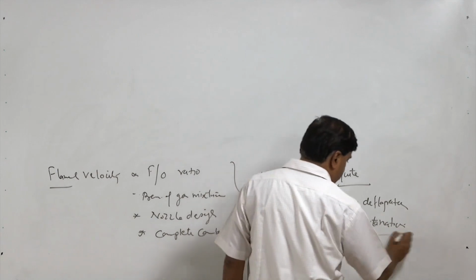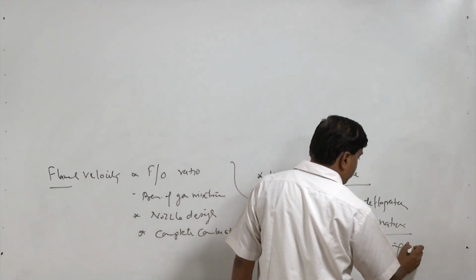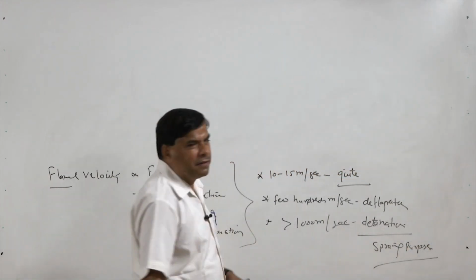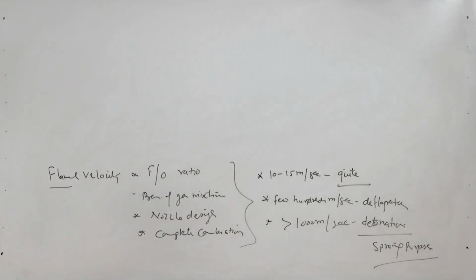This kind of flame is used primarily for metal spraying, where even refractory and ceramic materials can be used for developing coatings.